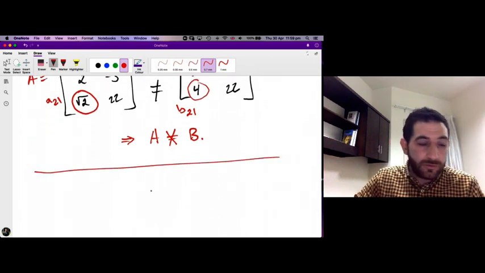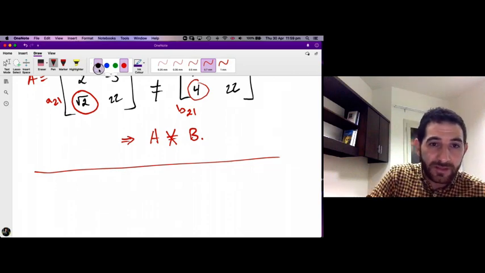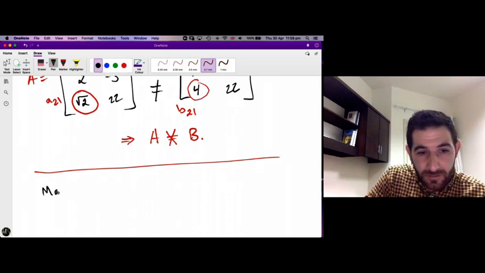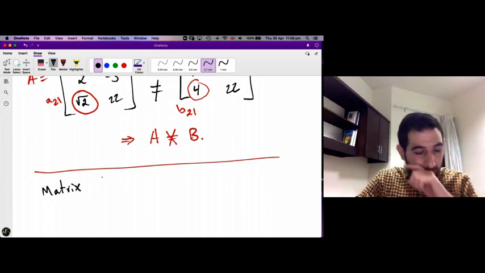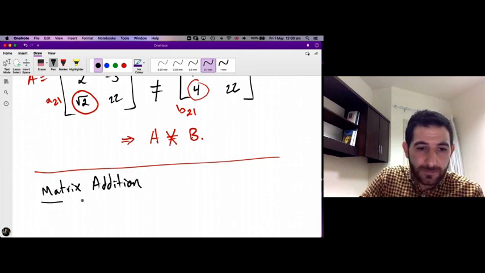Now, what we will do next is define what is called matrix addition. So we want to define an operation on matrices. How do we add matrices?